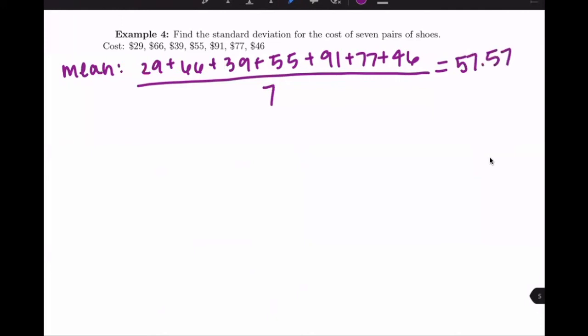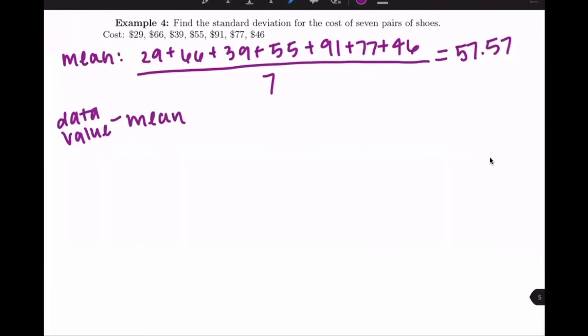All right. So next, let's go ahead and start to subtract. So the next step is to do data value minus mean. So I'll go ahead and list out all of our data values. We have 29 minus 57.57. We have 66.